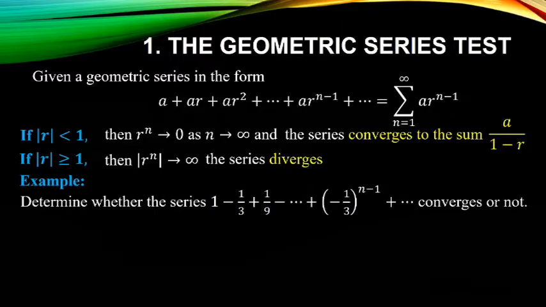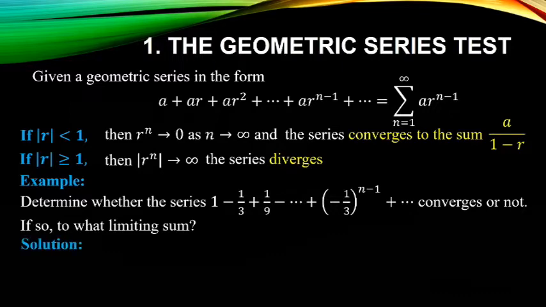For example, determine whether the series 1 minus 1/3 plus 1/9 minus and so on, up to plus negative 1/3 raised to n minus 1, converges or not. We want to determine whether it is convergent, and if so, to what limiting sum.